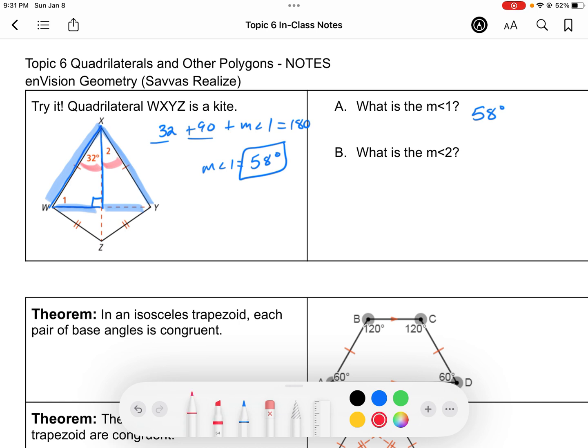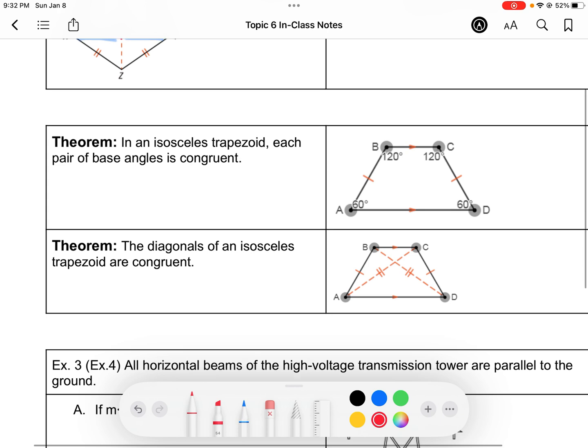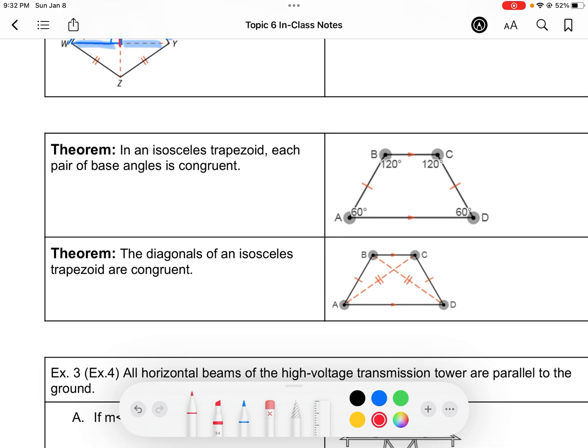So I can easily look at that and realize, oh, the measure of angle 2 is also 32 degrees, okay? Because this left side is the same as this right side. This segment splits that bigger triangle, or splits the kite, exactly in half that way. Okay, so that was related to the diagonals of a kite.